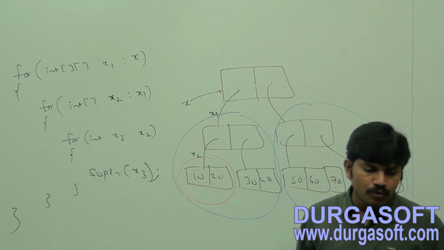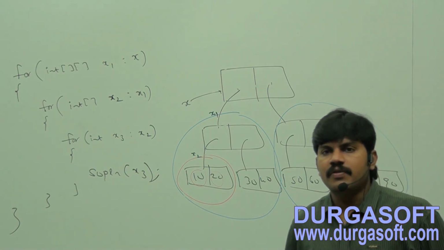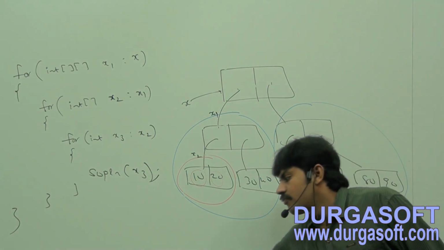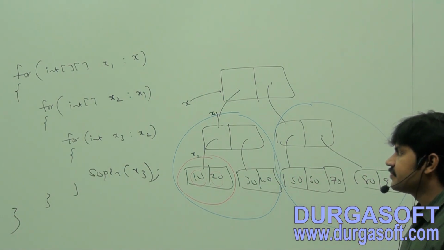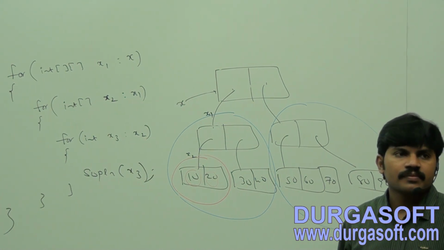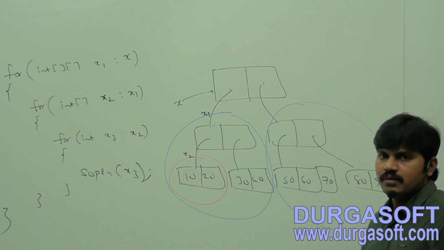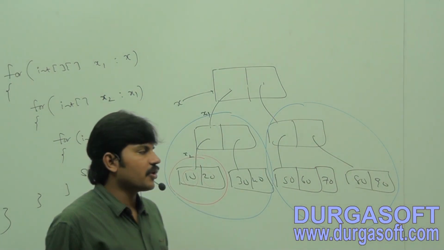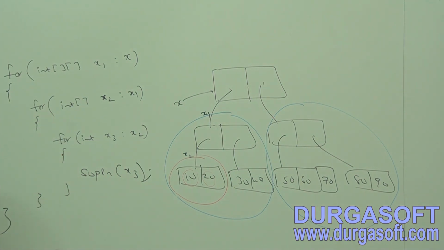This is the new loop that came in the 1.5 version. So enhanced for loop. For loop is enhanced. Completed, I hope. Compulsory you have to take diagram also. I hope it is clear, right?